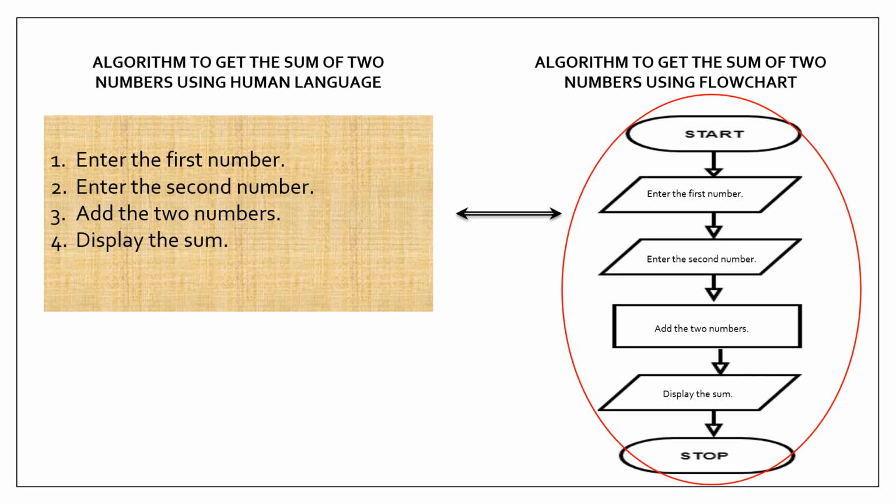You can also add some more phrases in there such as add the two numbers to get the sum. And then, because we are now trying to display the result of our addition, which is called sum, we use another parallelogram. Then there is another oval which will formally end the flow of the flowchart. Of course, do not forget the arrow.